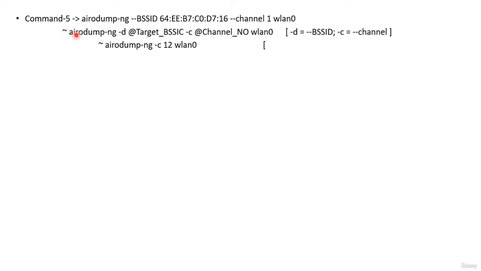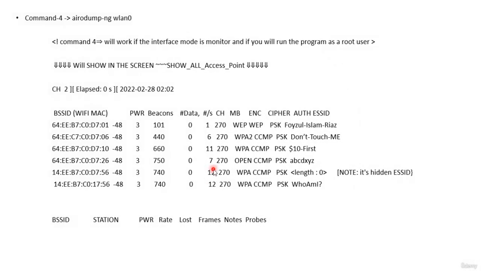You can also give it in short form. Use airodump-ng; for the BSSID you can use only d, then the target BSSID. For the channel you can use the short form c, then the channel number, then the interface name. Or suppose there are two on channel 12.